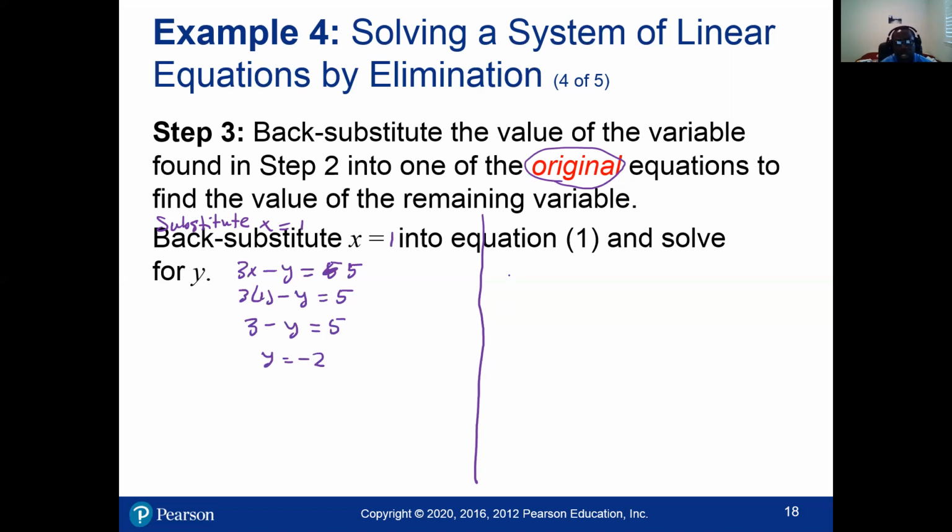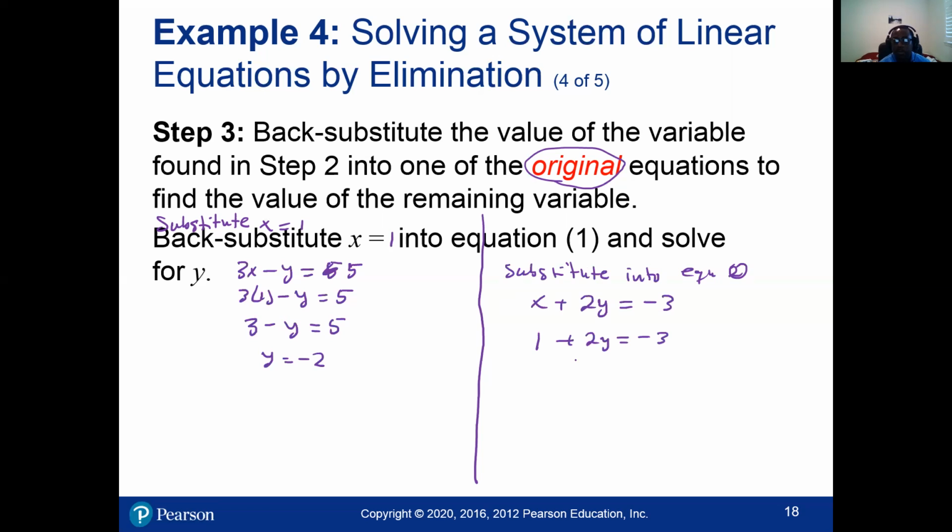Now let's substitute into equation 2. Equation 2 is x plus 2y is equal to negative 3. So x is 1, it'll be 1 plus 2y is equal to negative 3.